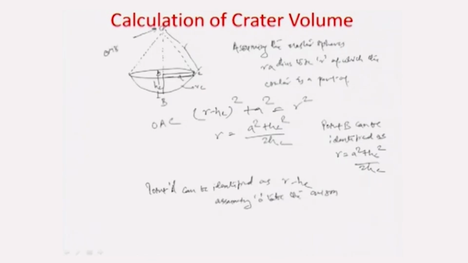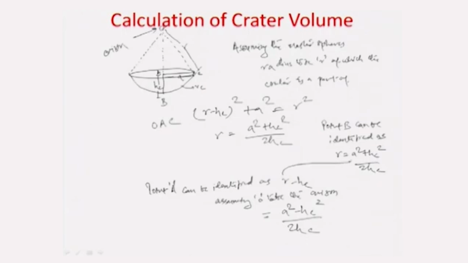This is the origin, okay, and so therefore this can be (a square minus Hc square) by twice Hc.